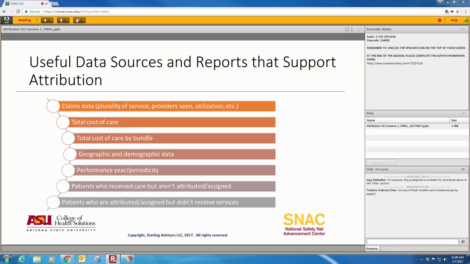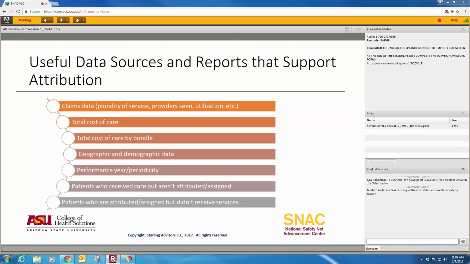So if a plan may be using multiple models, it can't be using multiple models for the same patient at the same time. If they're going to create a model based on a single provider assignment that's done retrospectively based on historical claims data and is based on a plurality of services model, and they run that for a certain set of their patients and make those assignments, that should be the one and only model in use for that individual patient.